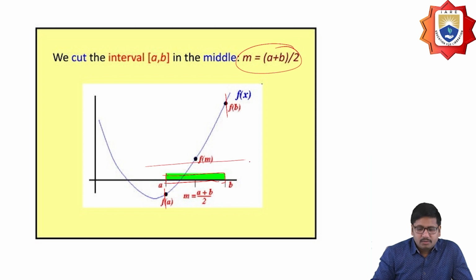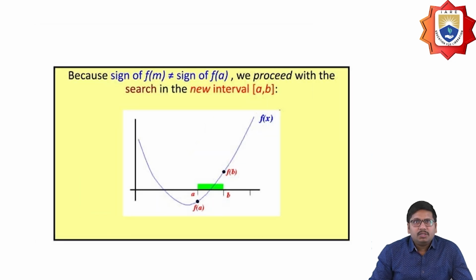The middle of the curve is obtained as a plus b by 2, and the midpoint is m equal to a plus b by 2. If the sign of f of m is equal to the sign of f of a, we proceed the search in the new interval m comma b. If the sign of f of m is not equal to the sign of f of a, we proceed the search in the new interval a comma m only.